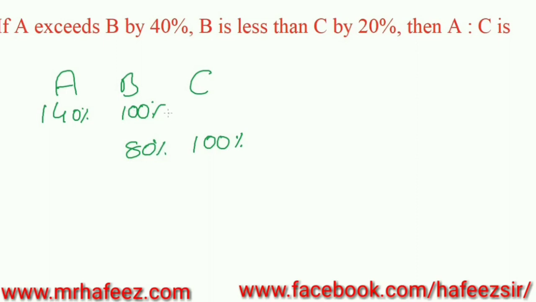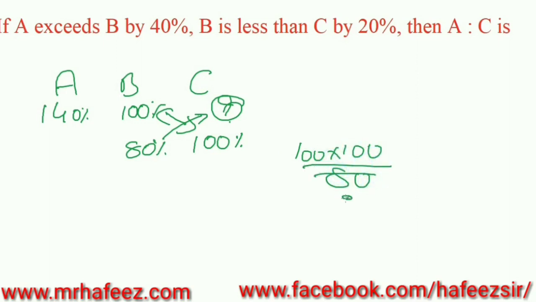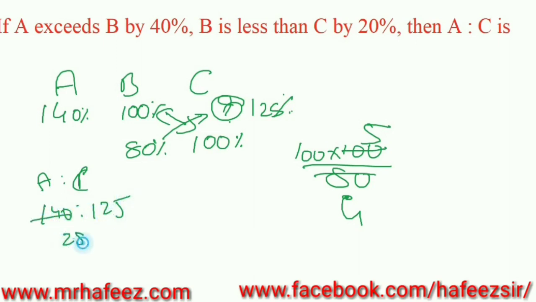Then what is the ratio between A is to B? Cross multiply these two and divide. 100 into 100 divided by 80. 4 twenties 80, 4 twenty-fives 100. So here it's 125%. So A is to B is to C equals 140 is to 125. 5 twenty-eights 140, 5 twenty-fives 125. That's it.